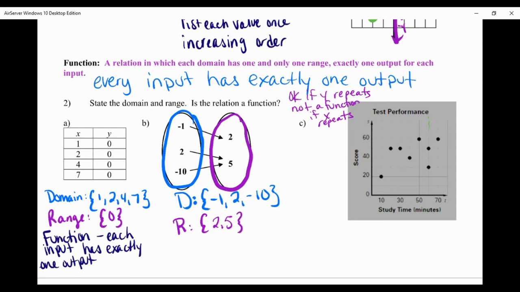Okay, that's not the case, so this relation is a function. Again, it's a function because each input value has exactly one output.